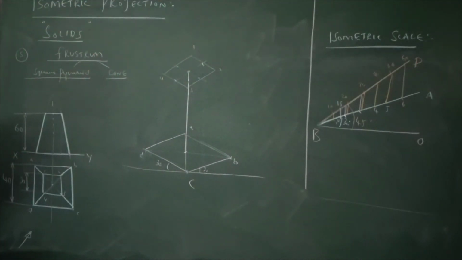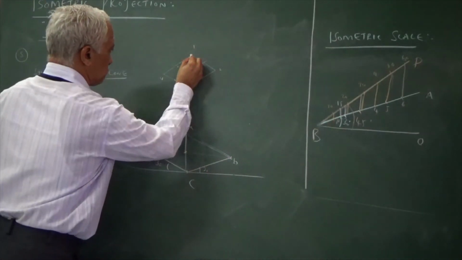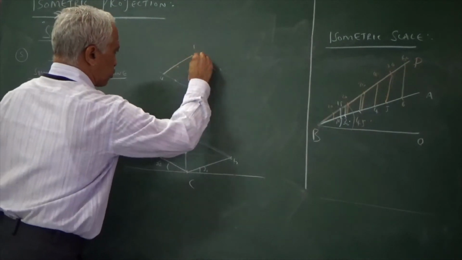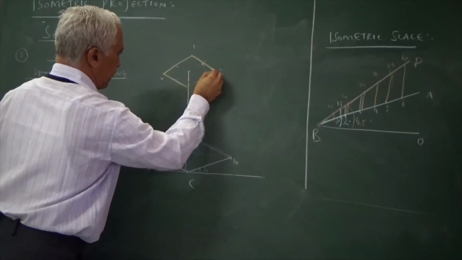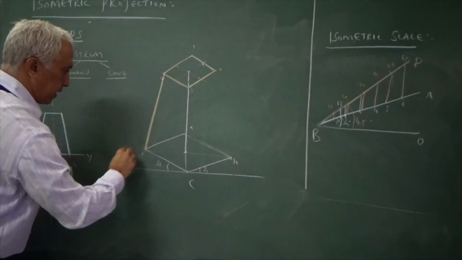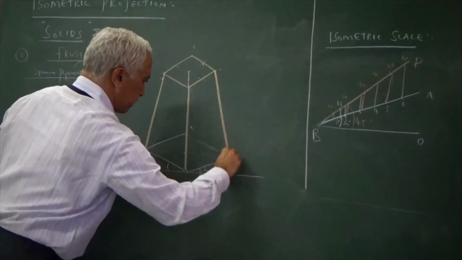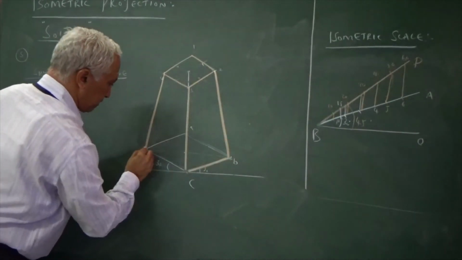Now keep on joining those lines which are visible to the observer. So the top square is seen, 4D is seen, 3C is seen, 2B is seen, and the base is seen.